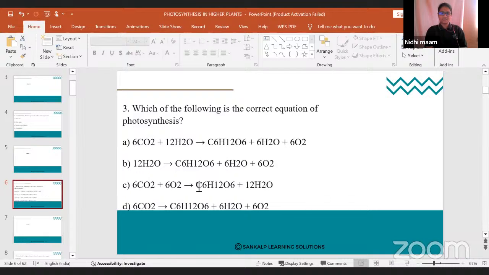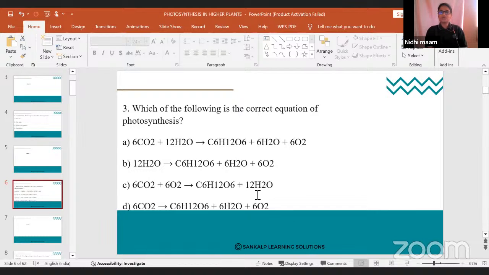Okay, 6C, 6C, 6 twos are 12. When you observe option C, see here 6 carbon, 6 carbon, 6 twos are 12, 12 plus 12, 24. Here when you see the oxygen, 6 plus 12, so what is it? 18.